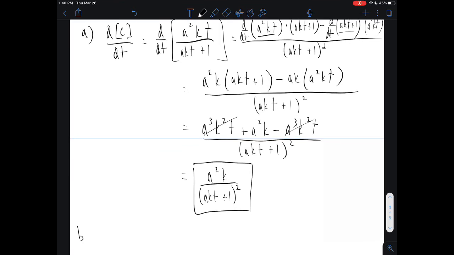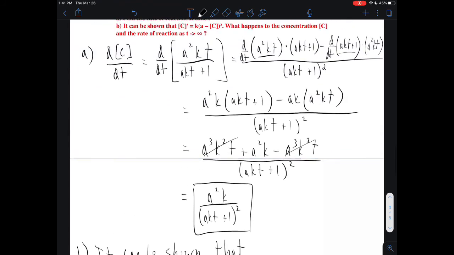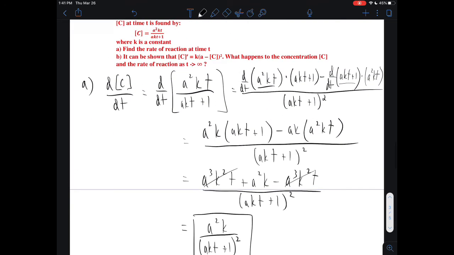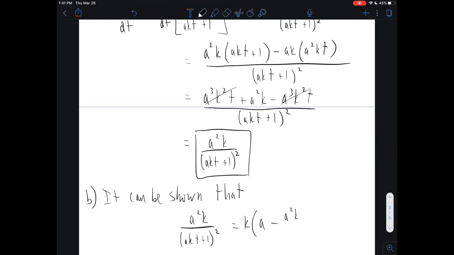So part B is saying it can be shown that the derivative that we just got, a squared k divided by akt plus 1 squared, is equal to that constant k times a minus the original concentration for C, a squared kt divided by akt plus 1 quantity squared.